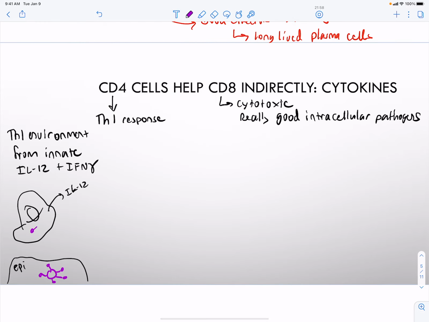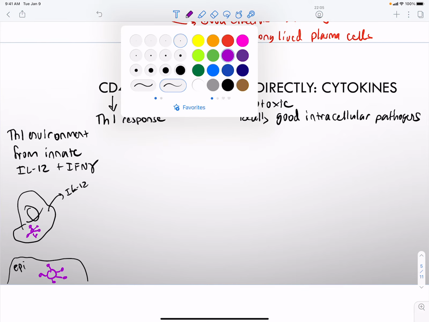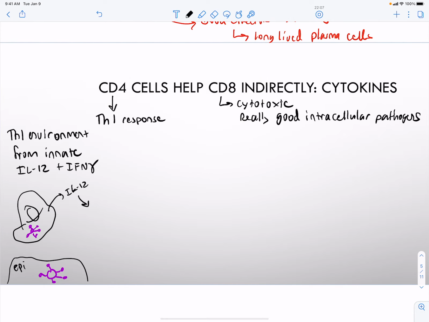It'll also pick it up. And IL-12 will trigger our natural killer cells to make interferon gamma. So IL-12 plus interferon gamma is going to lead to a TH1 helper cell.